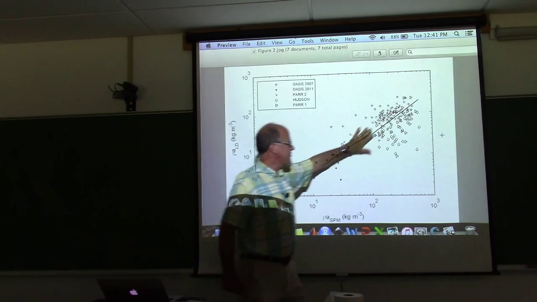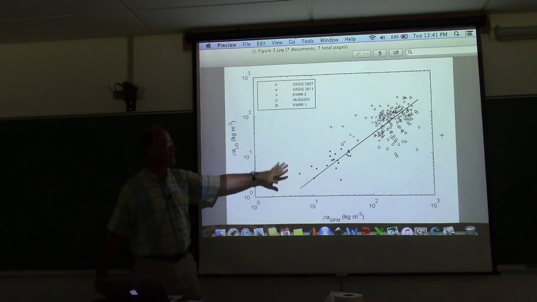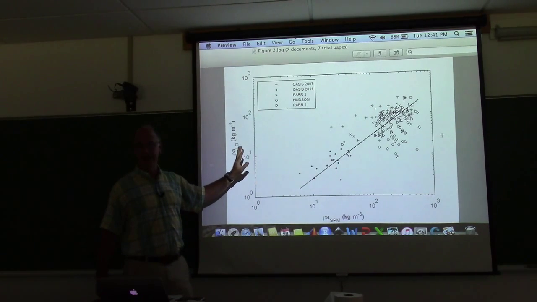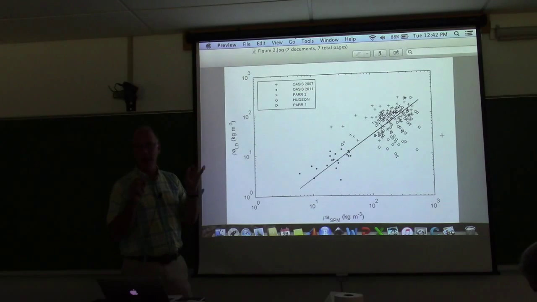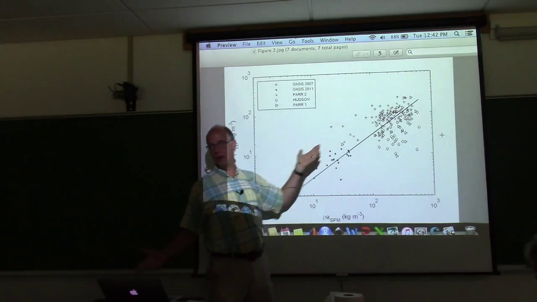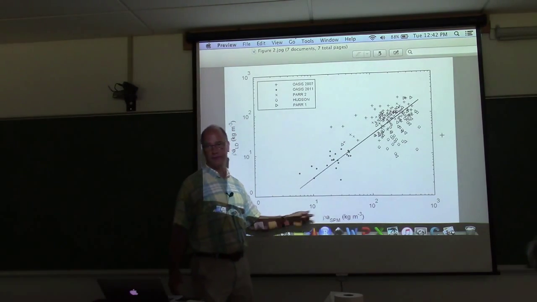Bunch of different data sets. What we get is a linear relationship in log-log space. It's a type 2 regression. The slope of the line is not significantly different from 1. It's like 1.05 plus or minus 0.1. So what this means is that these are linearly correlated, so this is a good estimate.